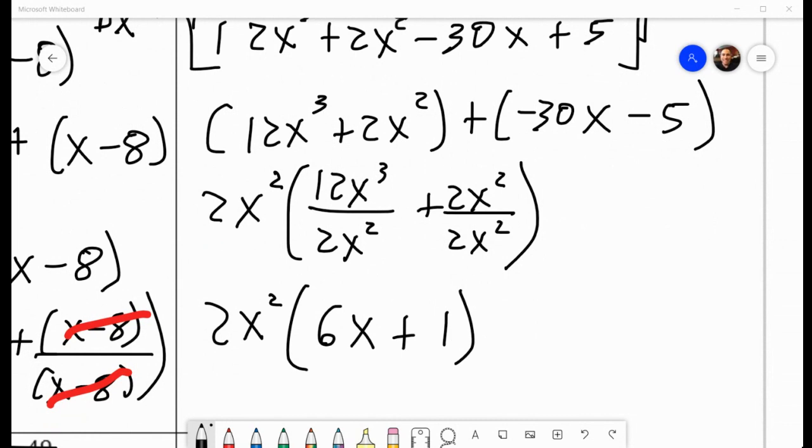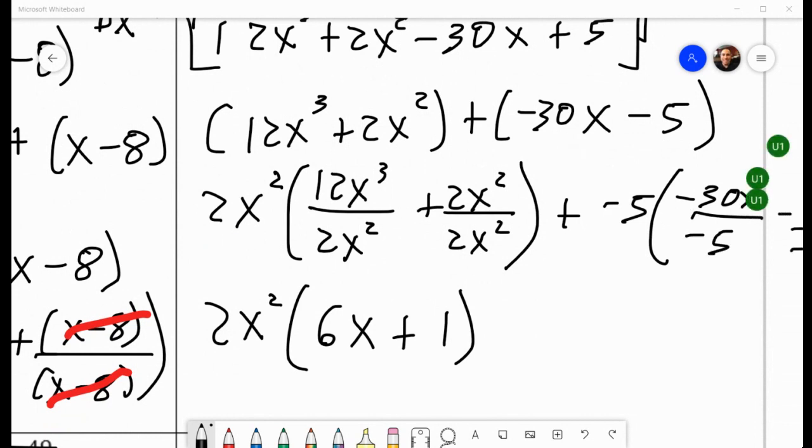For the second group, what can we take out? Well, let's take out minus 5. So we're going to have minus 30x over minus 5, minus 5 over minus 5. Oh wait, they can't see that. Oh boy. There we go.